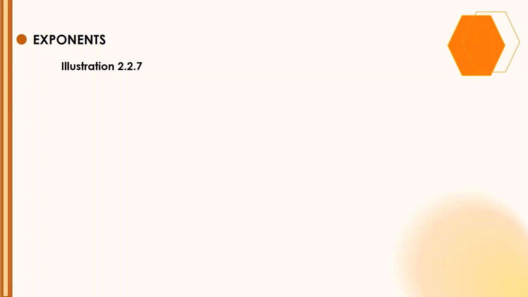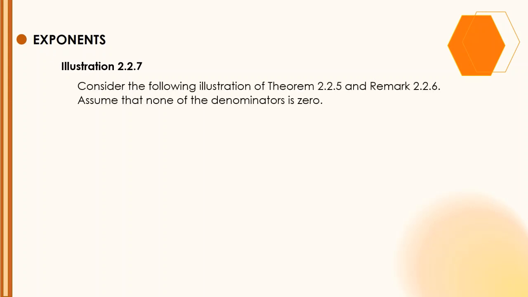Illustration 2.2.7. Consider the following illustrations of Theorem 2.2.5, Laws of Exponents, and Remark 2.2.6. Assume that none of the denominators is 0. Number 1 is 2 cubed times 2 squared. As you can see, pareho yung base nila, which is 2.